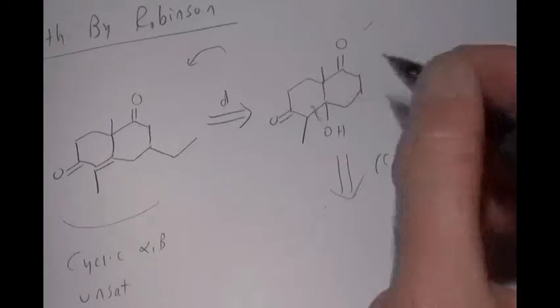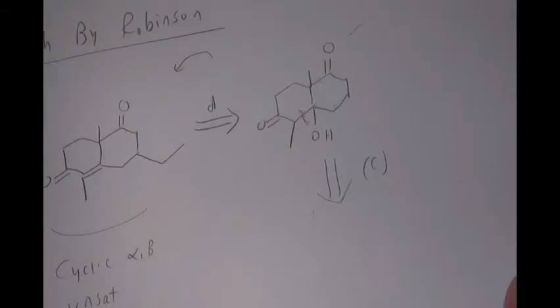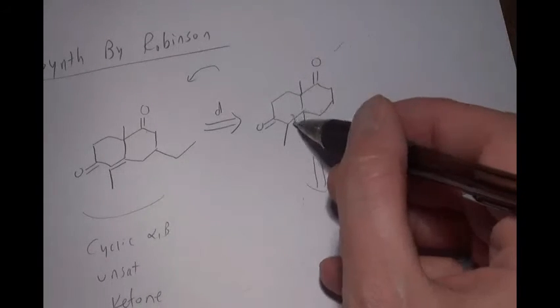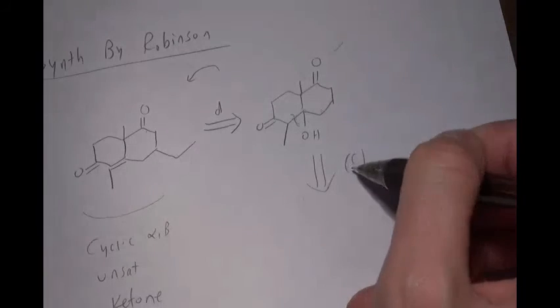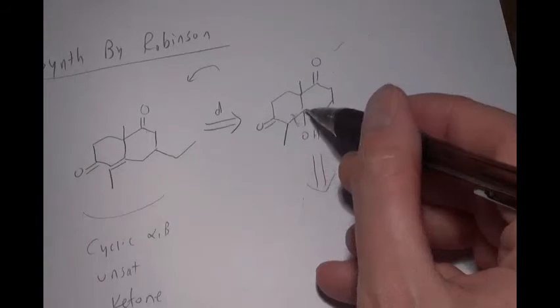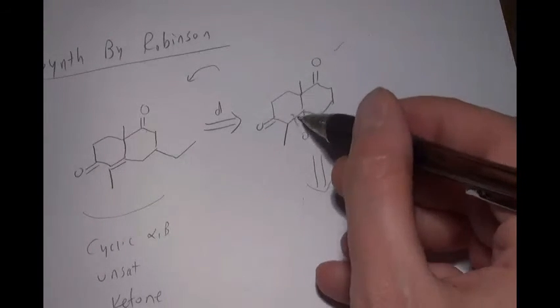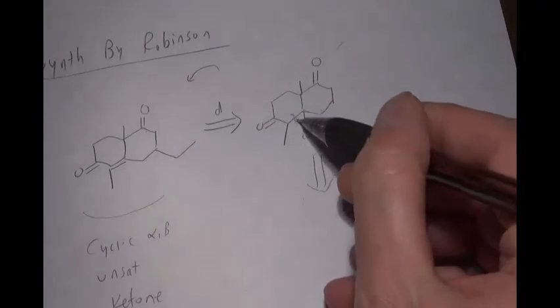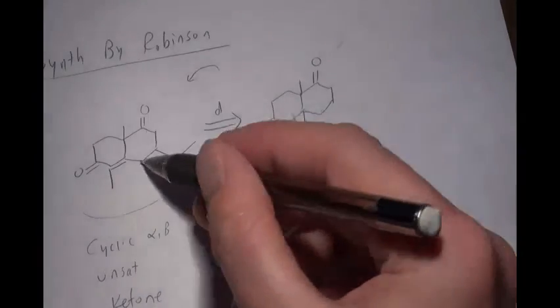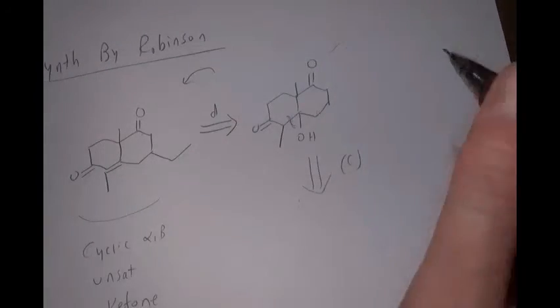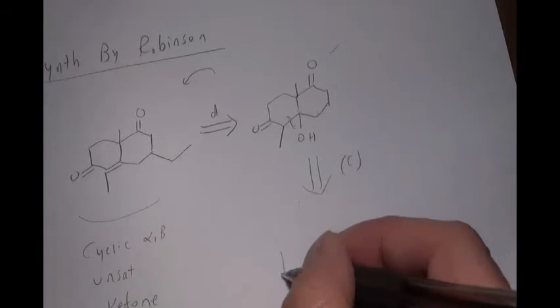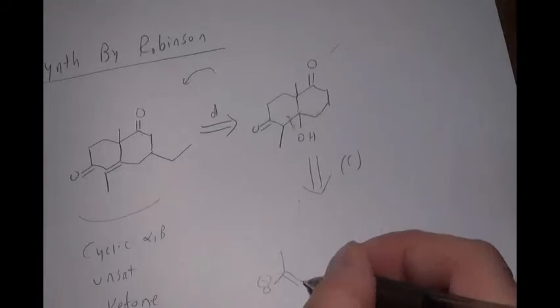So there's the bond that is made by the intramolecular aldol, which is step C. Okay, that's something to remember: what bond is created in step C? It's the bond between the alpha and the beta in the final product. Because step C creates the alpha beta bond that we see in the final product. So what's this going to look like now? Enolate here.